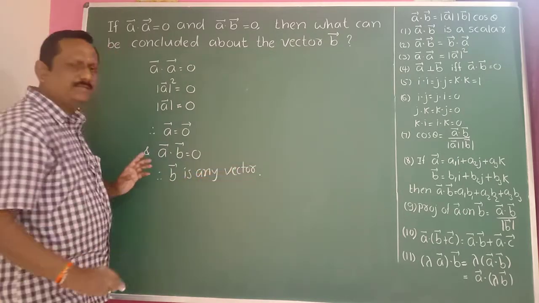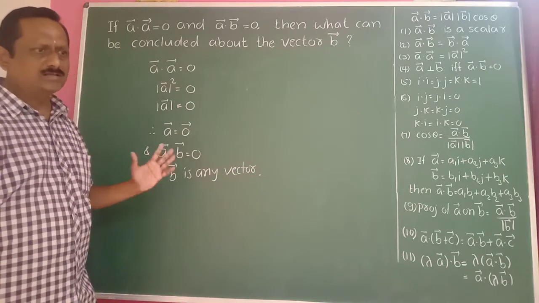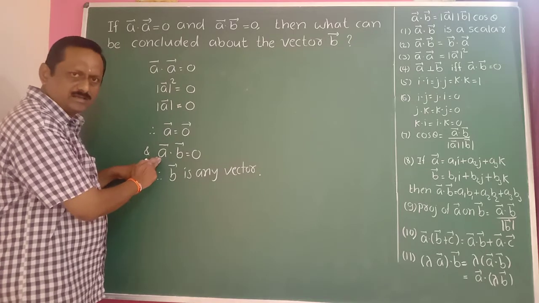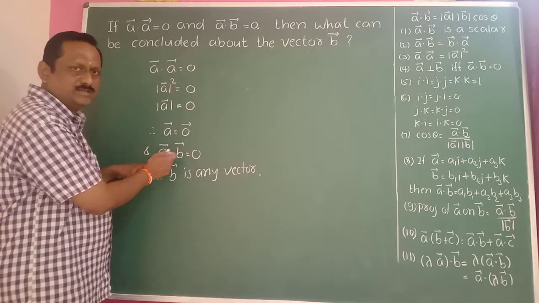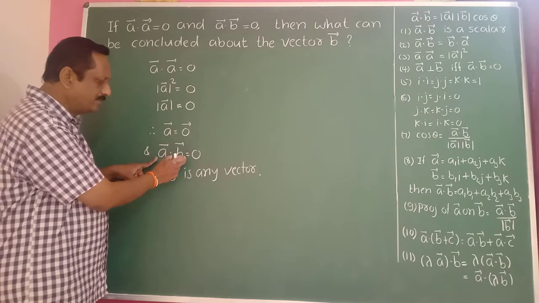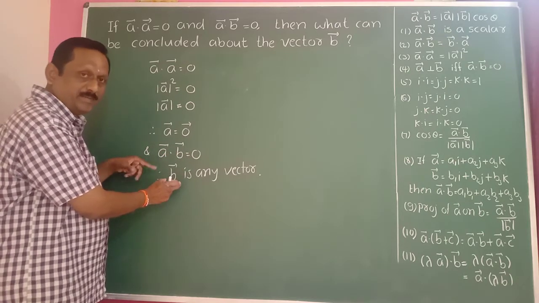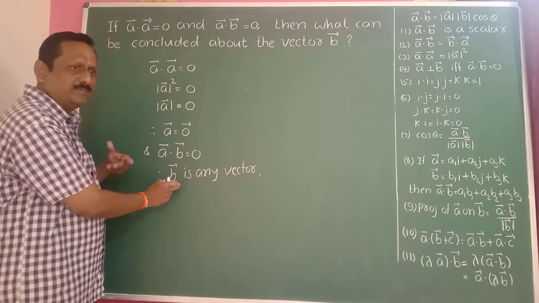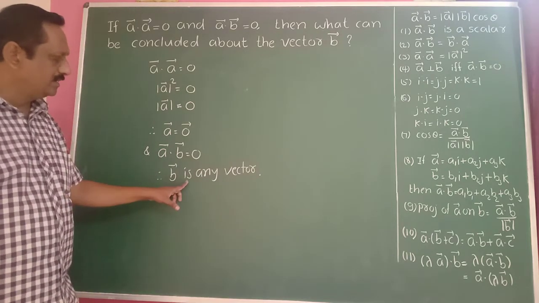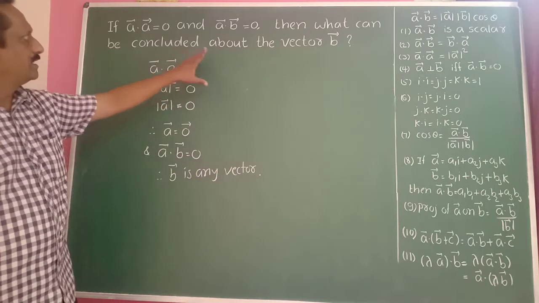So any vector means either it is a 0 vector or some other vector also, because 0 into any term is 0. Yes, b bar must be any vector, it may be the 0 vector or it may be another vector other than the 0 vector. This is our conclusion here.